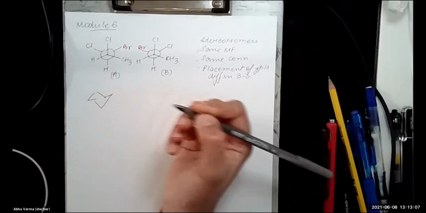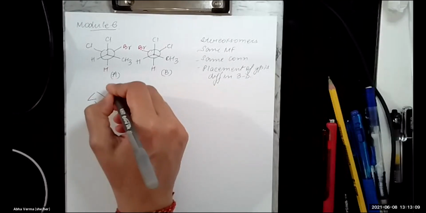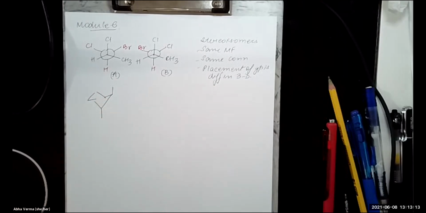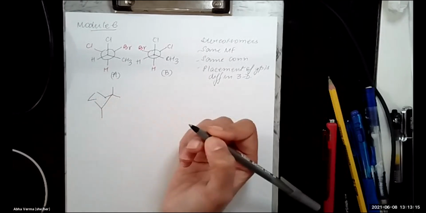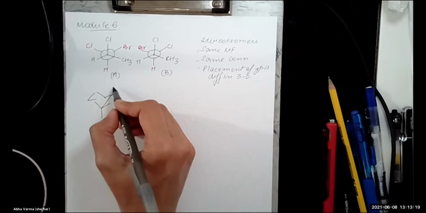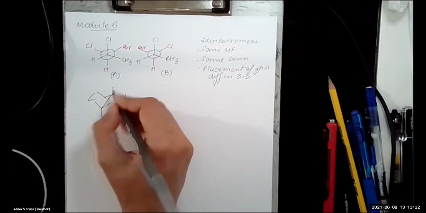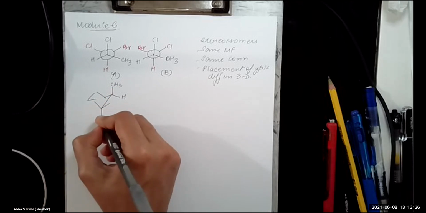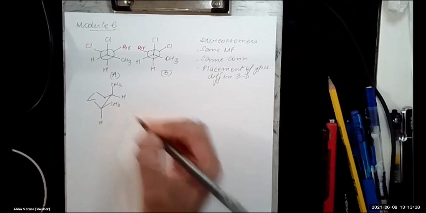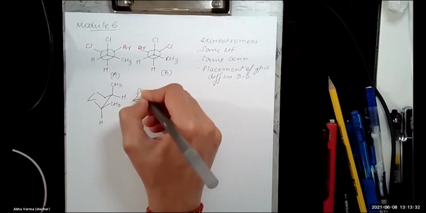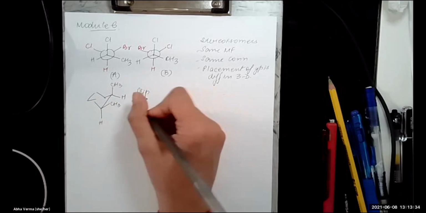Now we know that when we have a cyclohexane, this is my axial location, this is my axial location, this is my equatorial location, this is my equatorial location. If I have a structure like this, and let me say methyl on the axial, and I have a hydrogen here and a methyl on the equatorial, when I flip it, what does that mean?